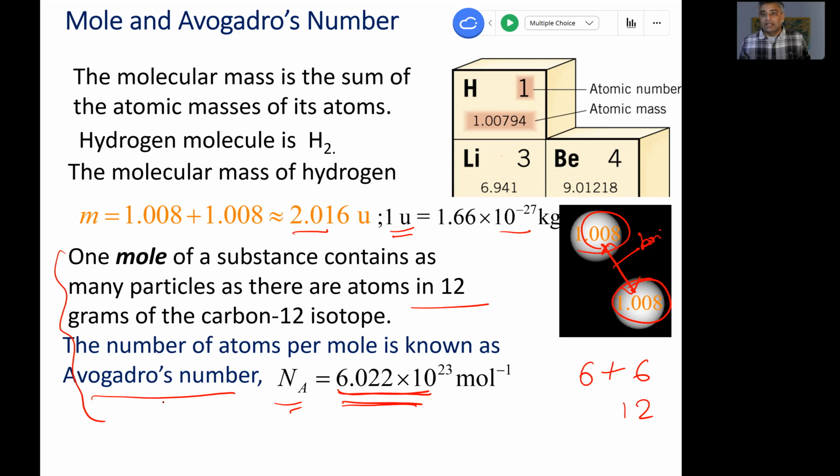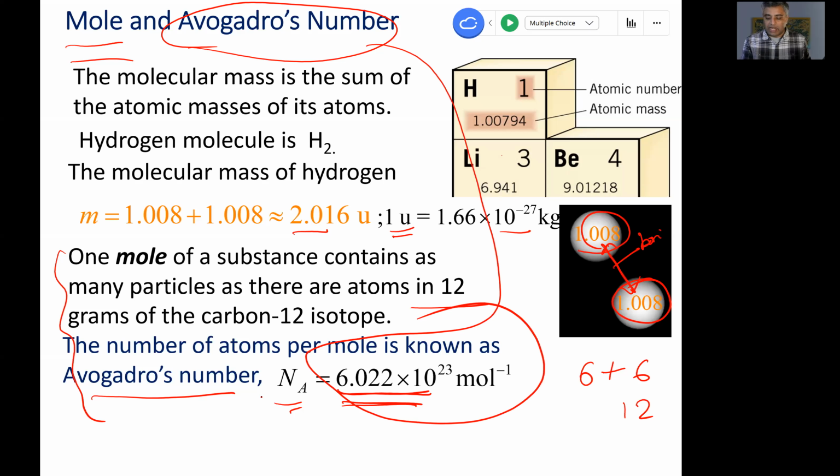It comes from counting a certain number, the Avogadro number, of either atoms or molecules, and it depends on the structure of that substance. If it exists in atomic form, we count atoms to get 1 mole. If it exists in molecular form, then we count that many molecules.